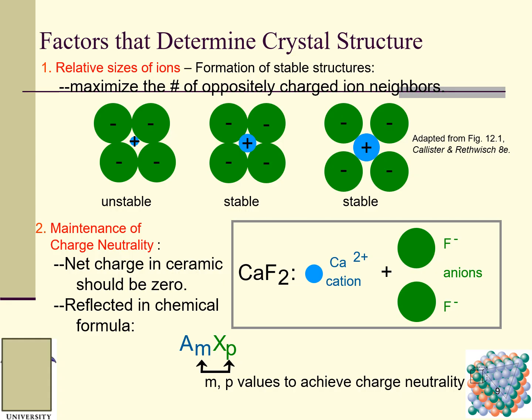This is the cation, and these are two fluorine anions. These two are contacting each other, and they are contacting this one also. Each is -1, totally -2, and to balance this -2, the calcium is 2 positive. And so this is the formula.